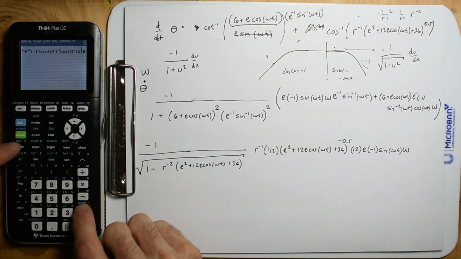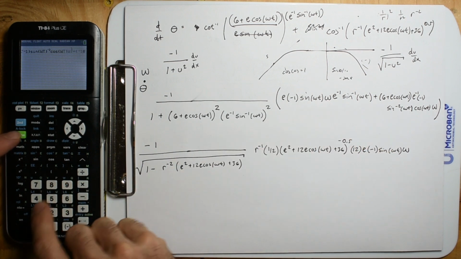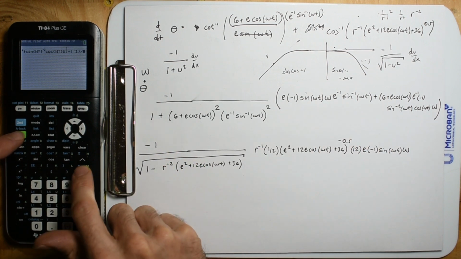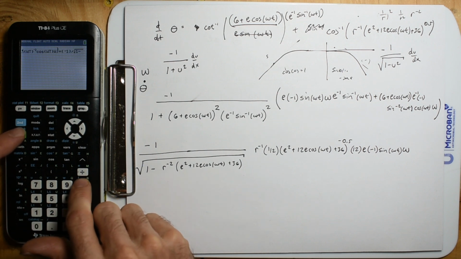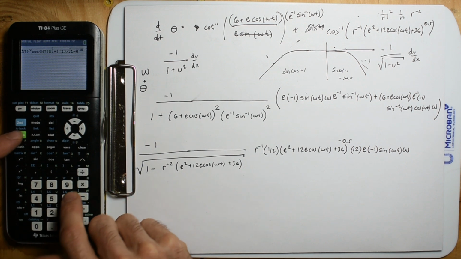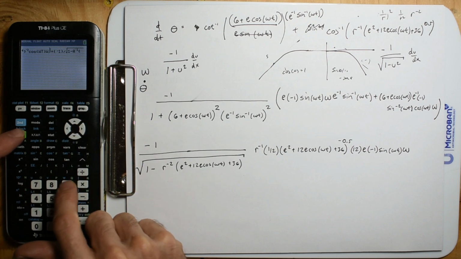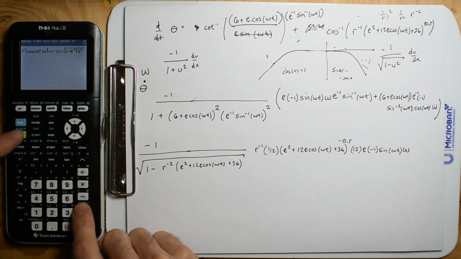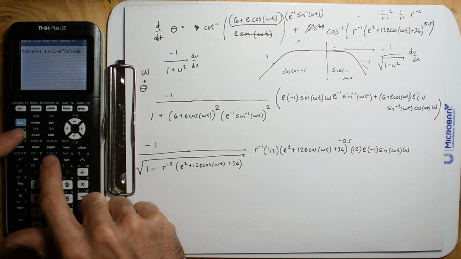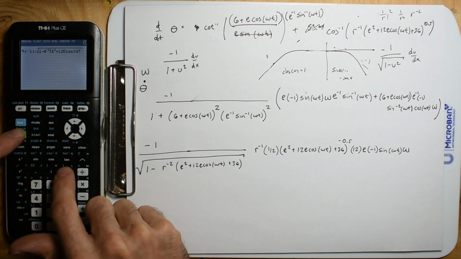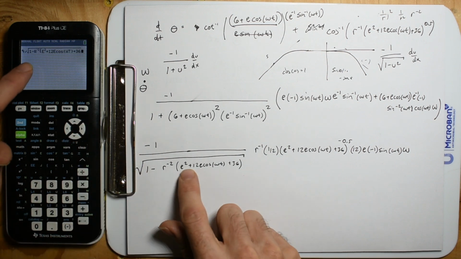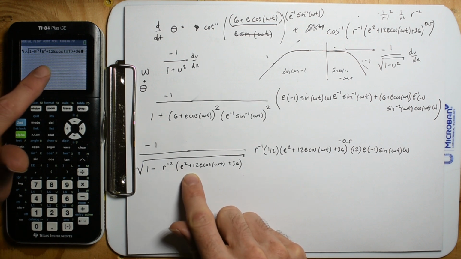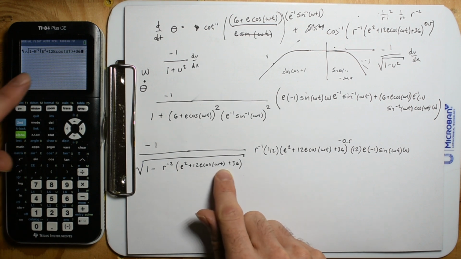Now we're going to add it to a negative 1 right here, divided by the square root of 1 minus alpha r to the negative 2, alpha e squared plus 12 alpha e cosine omega t plus 36. Okay, that looks pretty good. Just kind of double check. Okay, it looks good there.